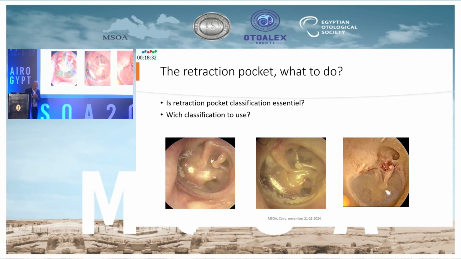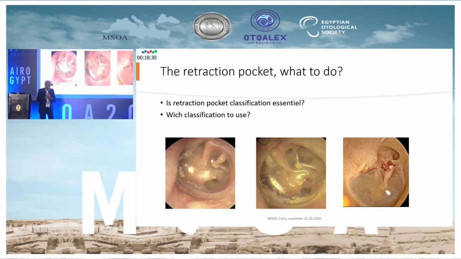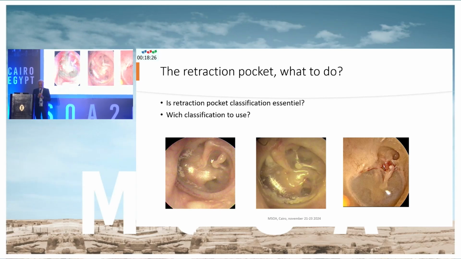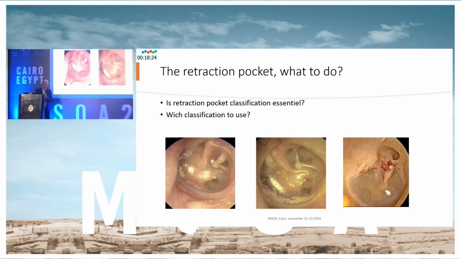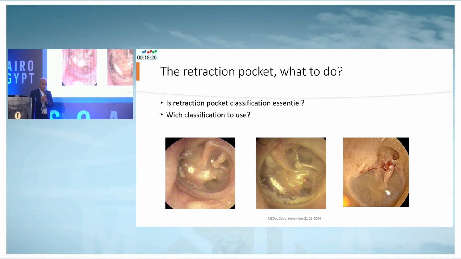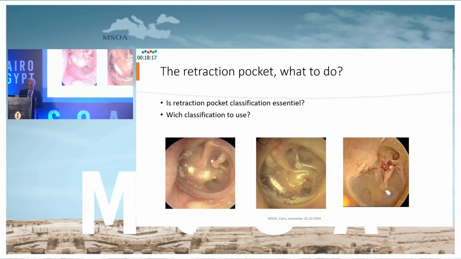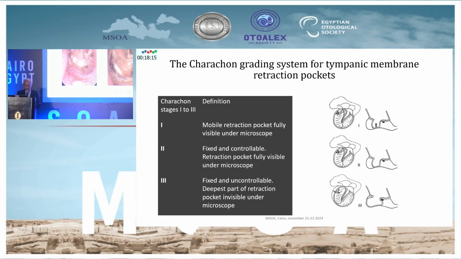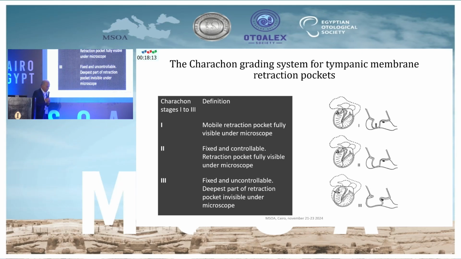Classification of retraction pocket may be useful in many cases, but it's more important to describe well the aspect of the retraction pocket under microscope. The simple classification of Charachon is the one most used in the world.